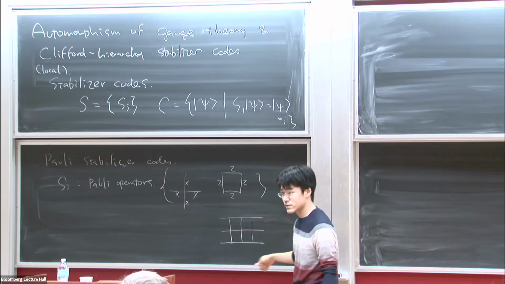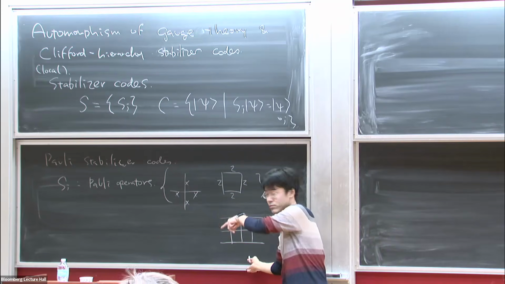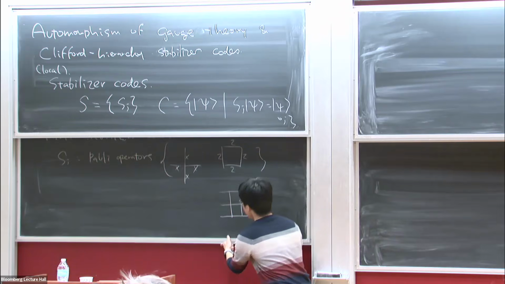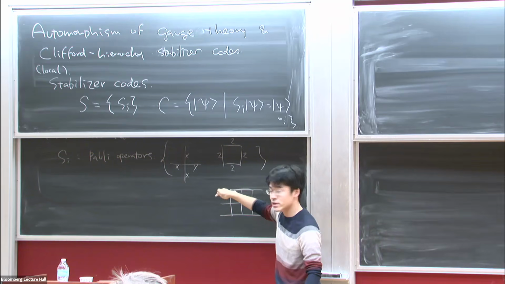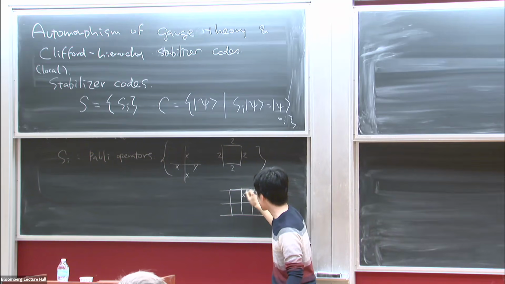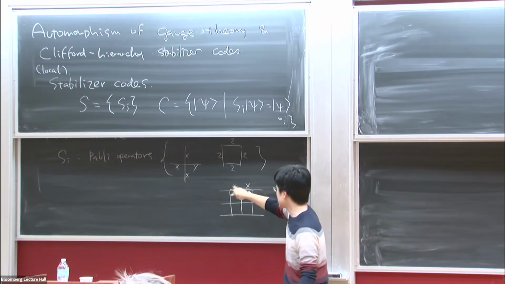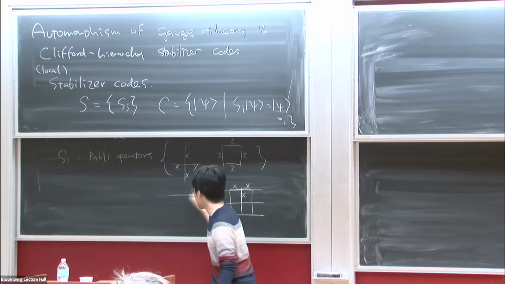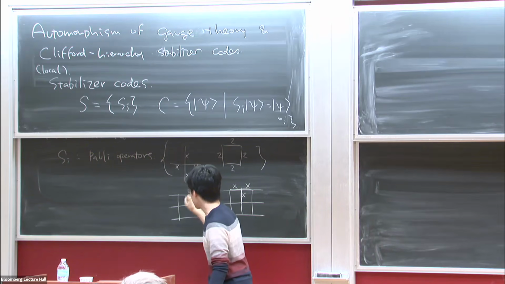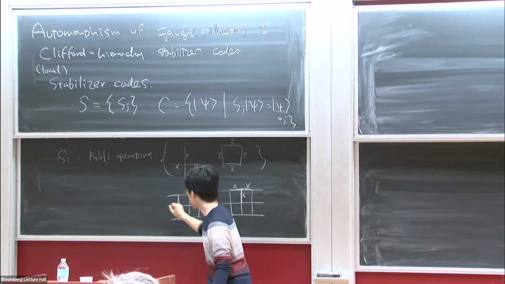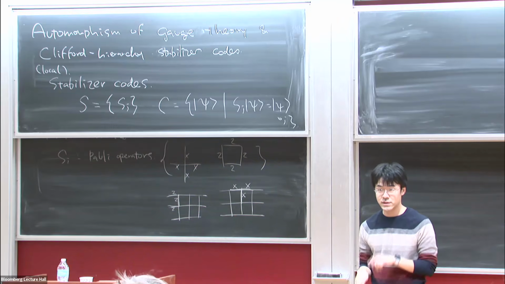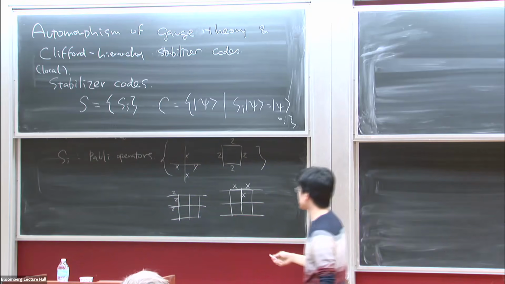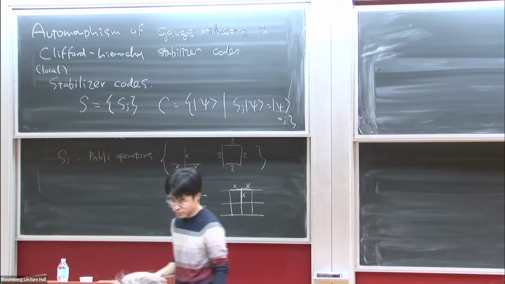It's defined on a square with boundary conditions. On the boundary, we have a smooth boundary, and we define the stabilizers differently on this rough boundary. This is called a surface code, and this stores a single logical qubit.